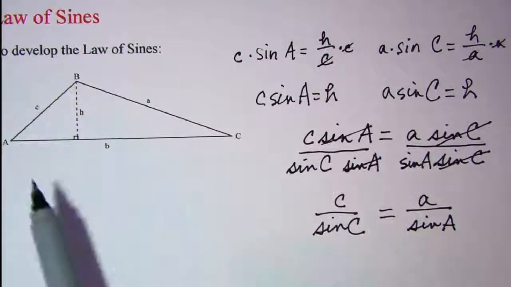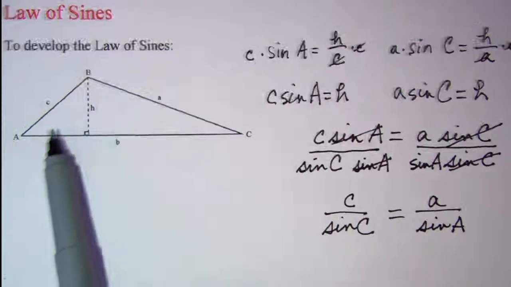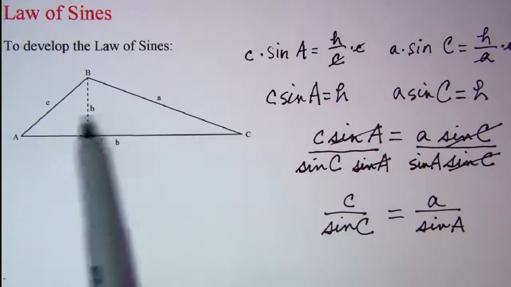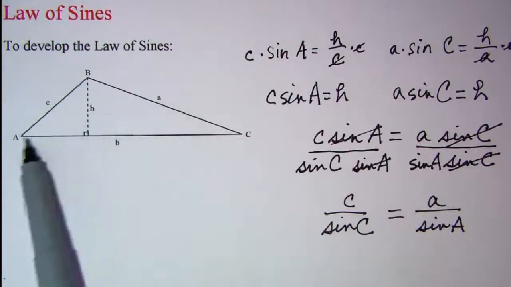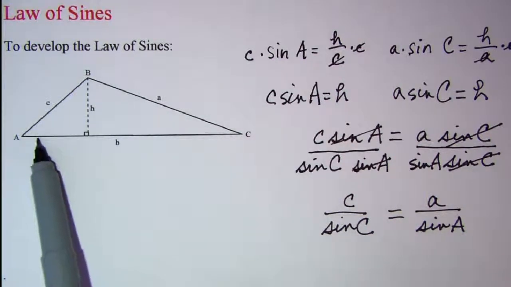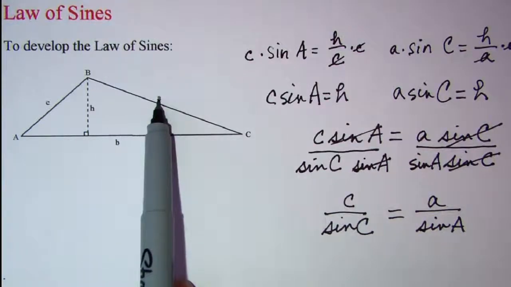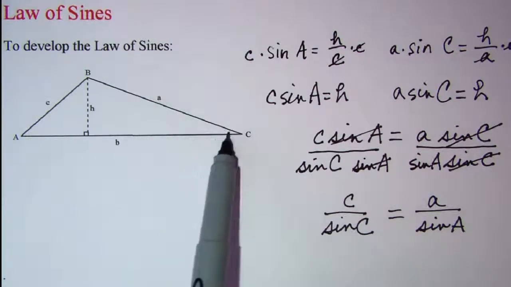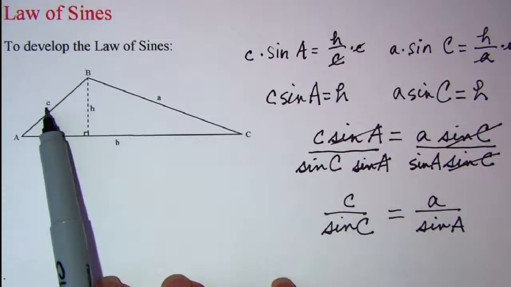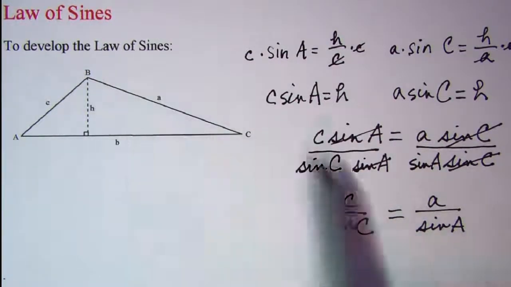Now, whenever you're drawing a triangle, you always call the side opposite the angle the lowercase letter. So angle A is here, and the side opposite angle A is lowercase a. In the same way, the side opposite angle C is lowercase c, and the side opposite angle B is lowercase b.